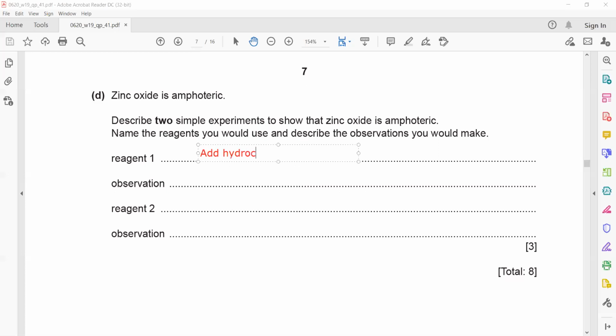And then, second reagent, we will add alkali. You can mention a named alkali like sodium hydroxide, because you have to name the reagent. So sodium hydroxide. And what is the observation? It will react and dissolve.